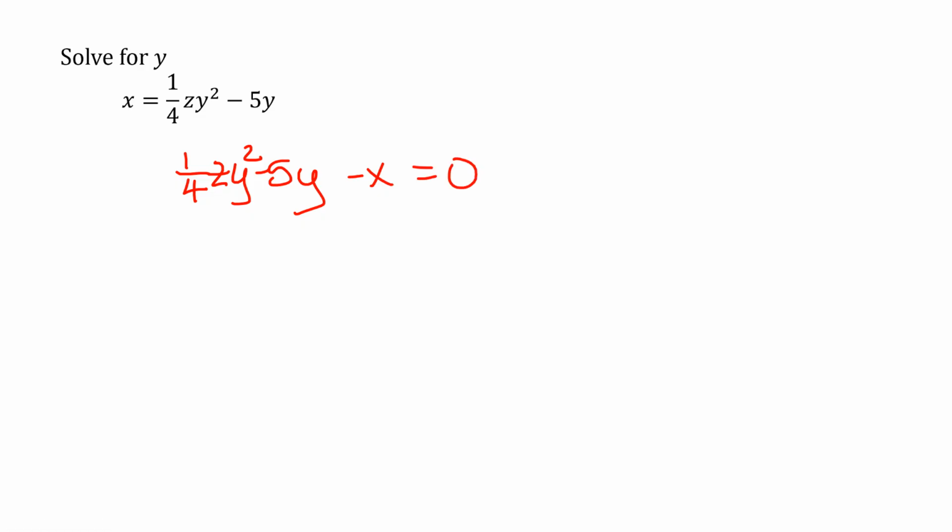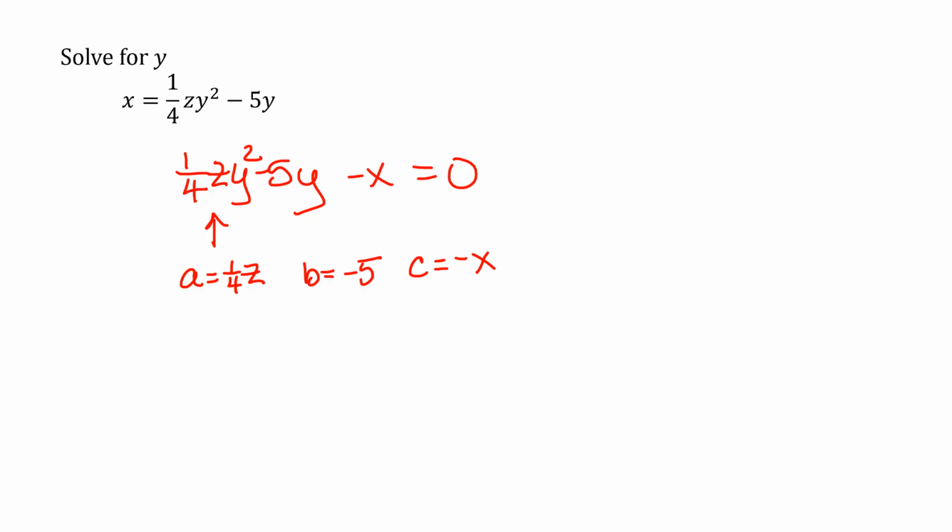I'm moving the x over to the right side, and so therefore all of that stuff is equal to 0. My a, therefore, is the coefficient on y squared. So a is 1/4 z, or you could call it z over 4. The b is the coefficient on y, which is negative 5. And the c is just negative x because it doesn't have a y. We consider it the constant.